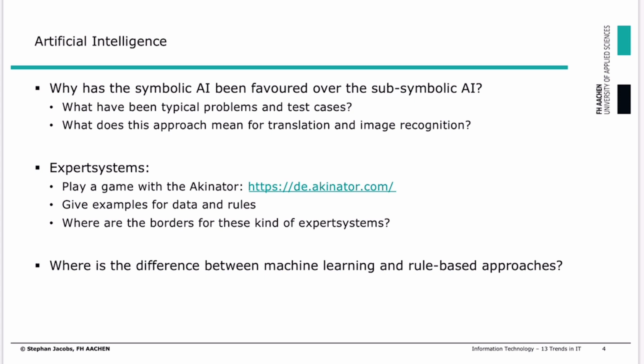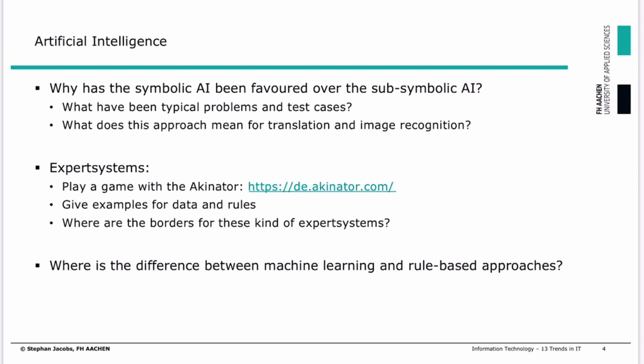So it's really hard to have clear rules and to be specified. Same for image recognition. Simply try to specify rules which, for example, are used to specify if on a certain picture there is a person or a face of a person. So these kind of rules have their limitations.